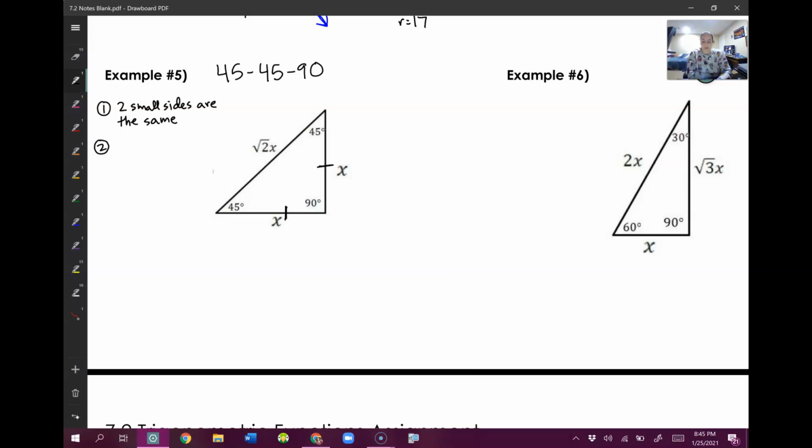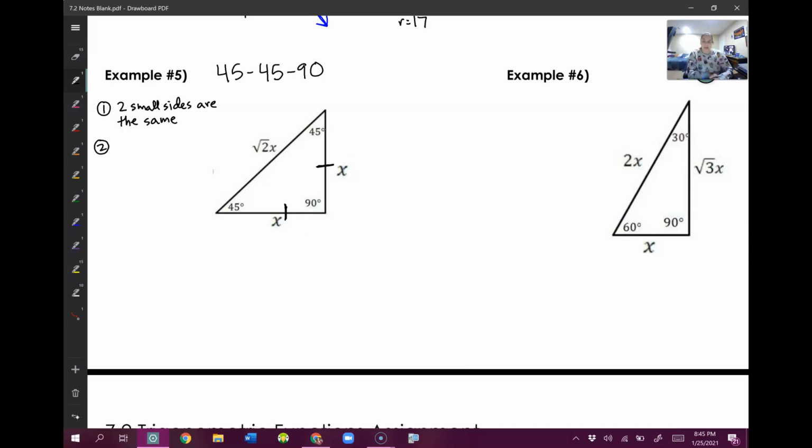So anytime you have a 45, 45, 90, the two small sides are the same. So if this x was a 7, then this one would also be a 7. If this x was a 52 root 5, this would also be a 52 root 5. They would always be identical no matter what they are.